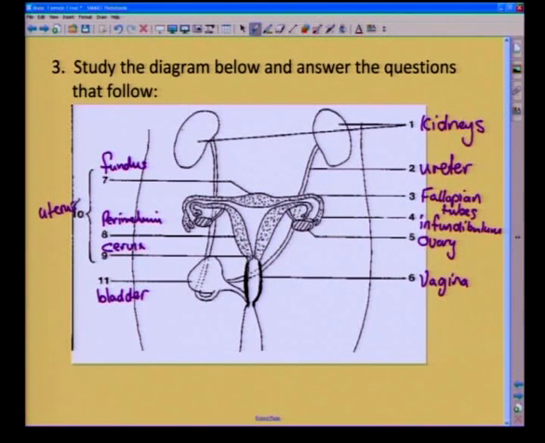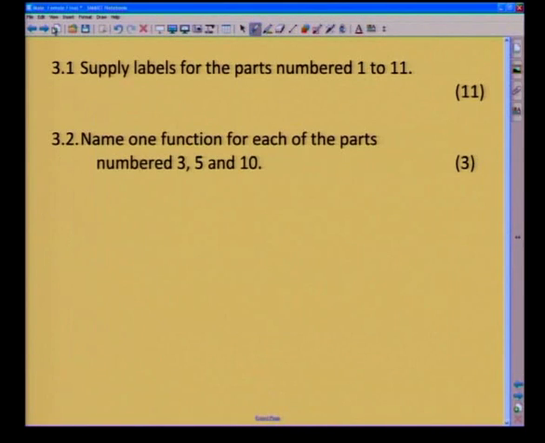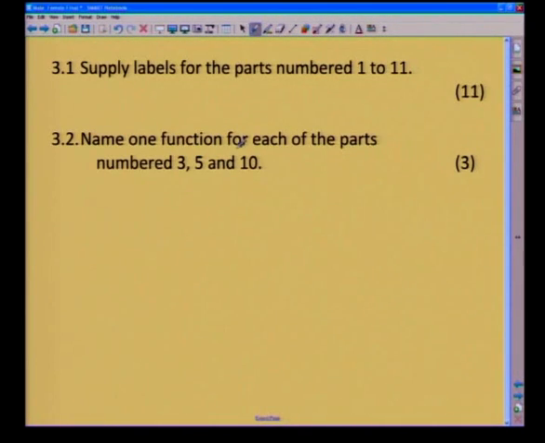All right, there are our labels. Now we've got our labels done. So we move on to our next question. It says, supply the labels for parts 1 to 11. We've done that. And then it says here, name one function for each of the parts 3, 5, and 10.